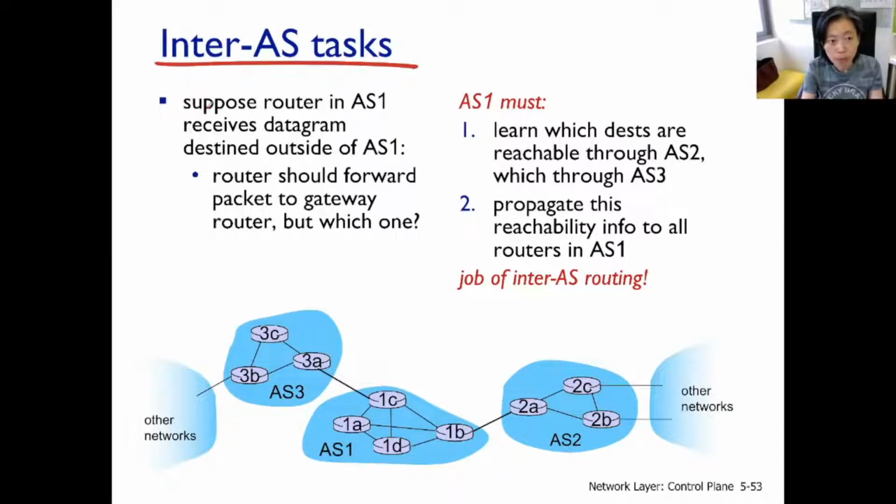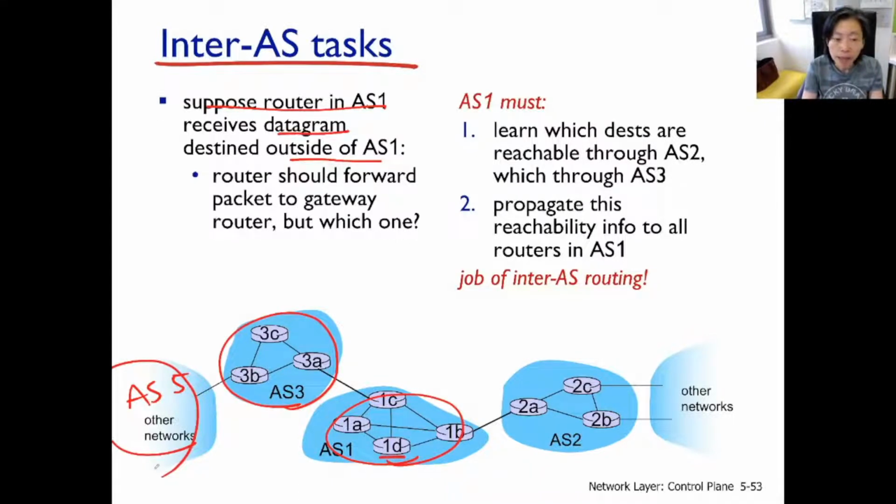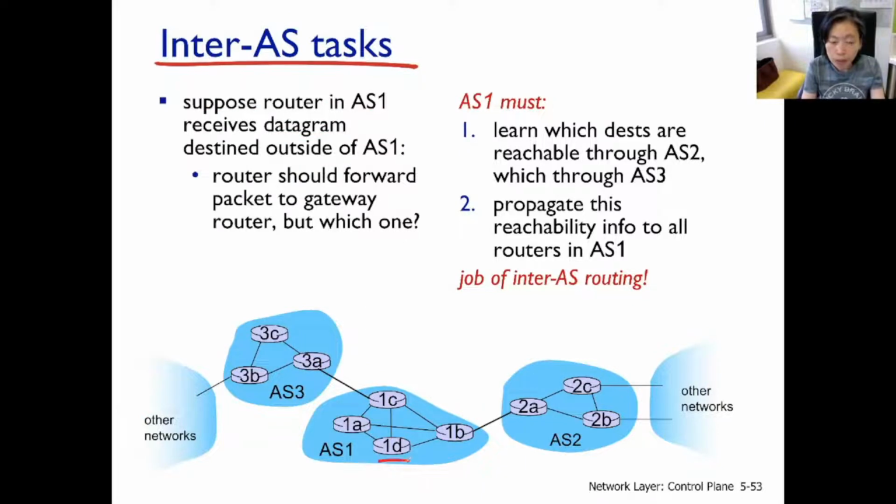That said, we may now walk through the scenario here. Let's suppose a router in AS1, say 1D, has packets to go outside of the AS, let's say to AS5. Now, we see the shortest AS path will be AS1, AS3, and then AS5. And this information will be available at the gateway routers 1C, 1B, 3A, 3B. But 1D is an internal router.